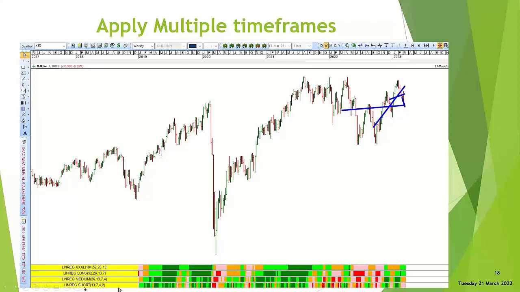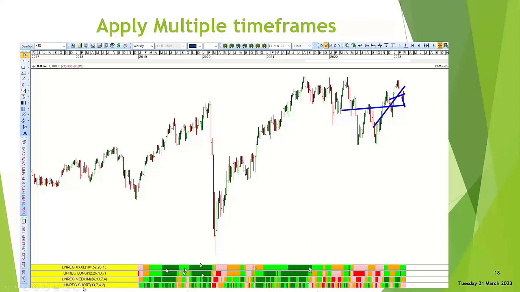If you look at short term, you can look at shorter ones. Not surprisingly, the long-term ones give you a more stable view of the world. This is generally uptrending, then it goes off the boil, then it goes back into uptrending. When you look at the short one, it's much more up, down, up, down. And this may appeal to you more if you're a short-term trader.